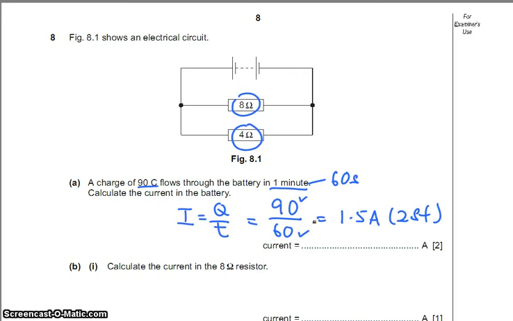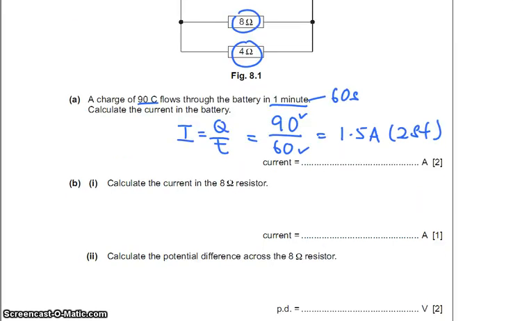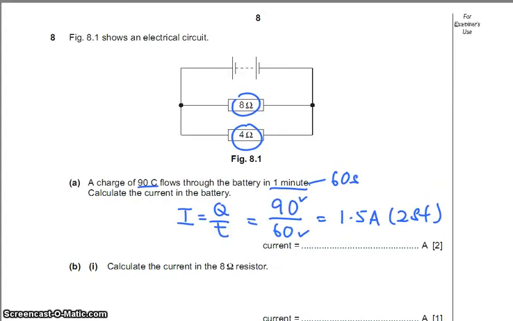Now the next part of the question is asking you to find the current in the 8 ohm resistor. Now remember the ratio rules I did mention before. You look at the diagram, the current goes here, I, and then it splits into I1 and I2. So how to find I1?